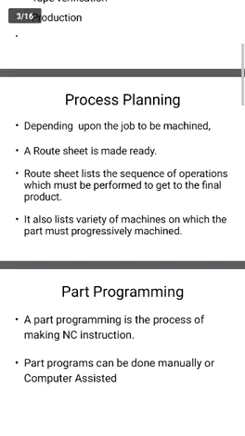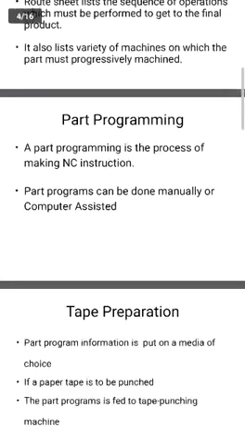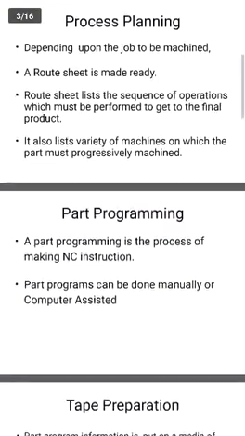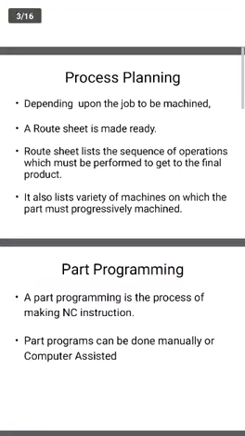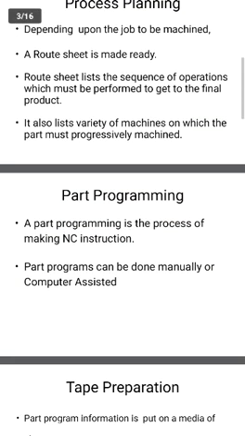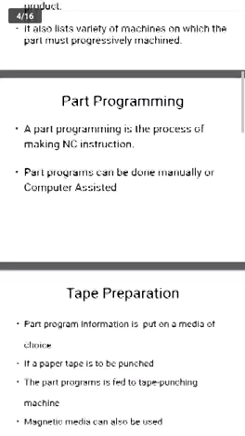Okay. Next one, what is that? Tape preparation. What is tape preparation? Oh no, before tape preparation, part programming is there. Part programming. What is part programming? A part program is the process of making NC instructions. Part programming can be done manually or computer assisted.